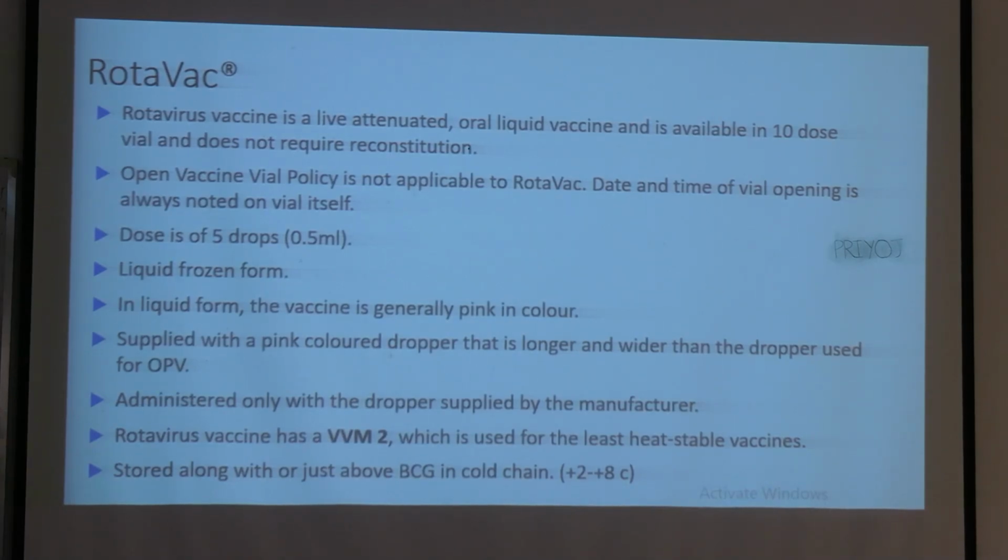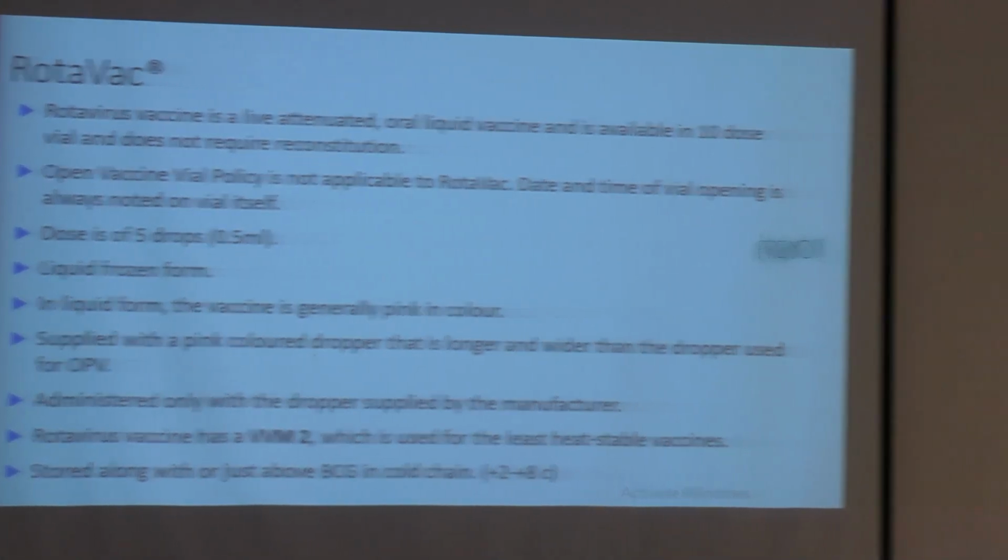Supplied with a pink color dropper that is longer and wider than the dropper used for OPV. Okay, that dropper or dispenser is not correctly matched. Usually it is this much length. I will show you the picture. And it is administered only with the dropper supplied by the manufacturer.